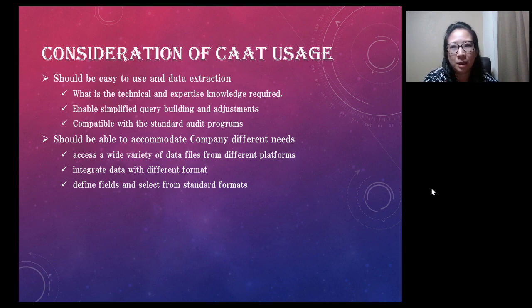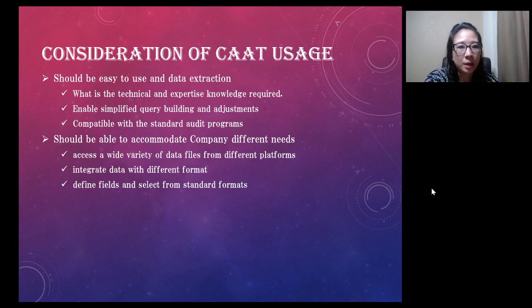For example, it can be extracted from the website, from the bank, from the courier, and so many things. So we need to make sure that our CAAT tools can work not only in Windows. Maybe they need to run in Linux or in Android and so on.